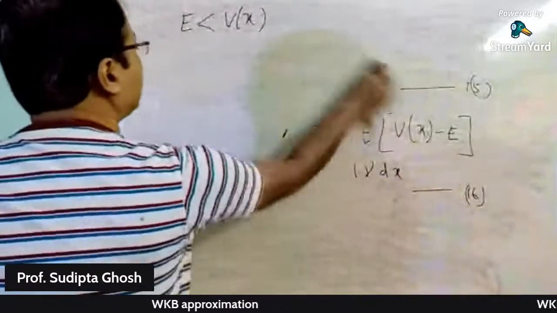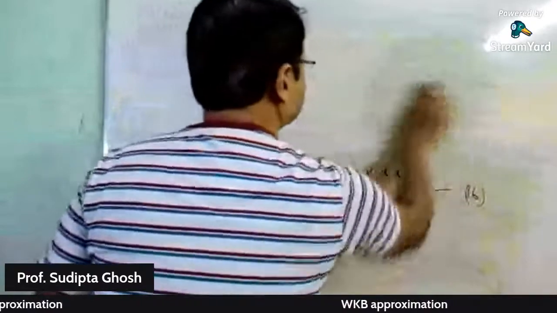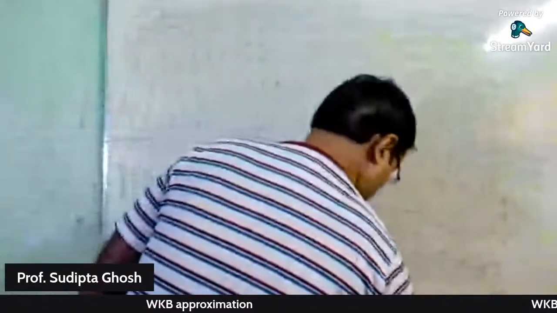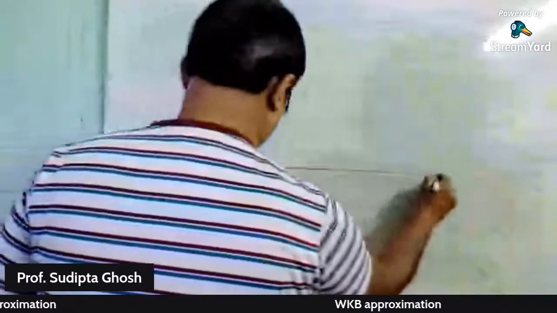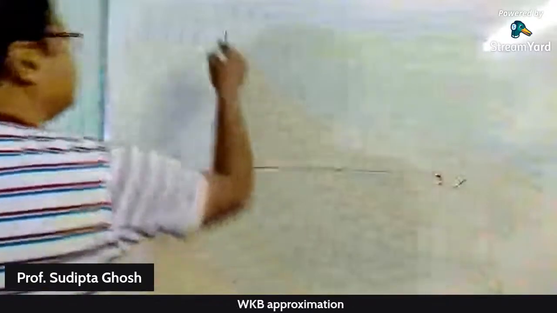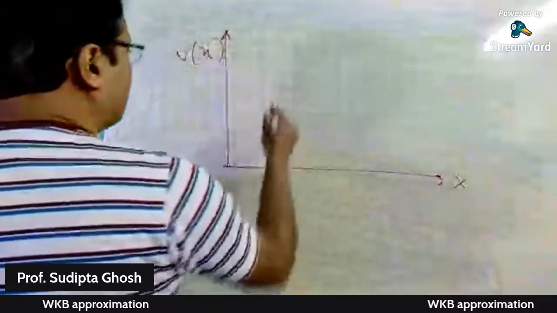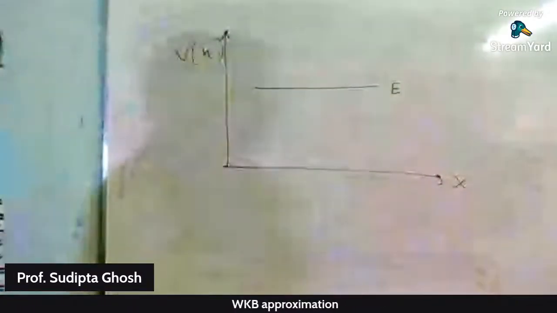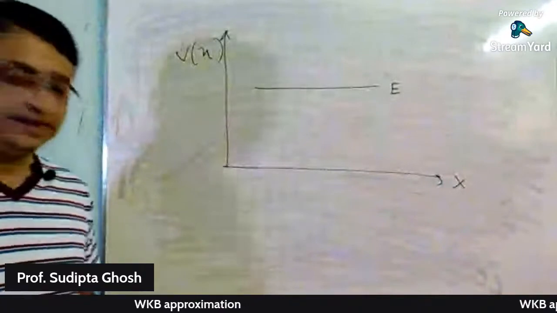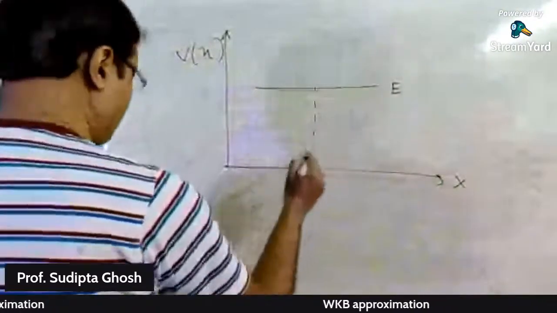I am now discussing the case shown in this figure. This is x and this is the potential V(x). This is the energy E. Now there are two regions.